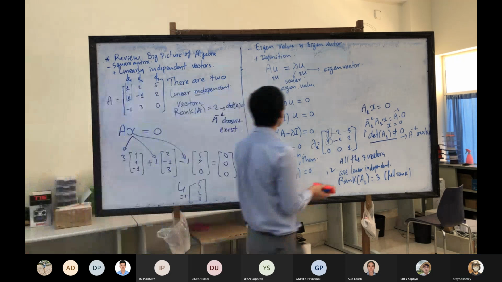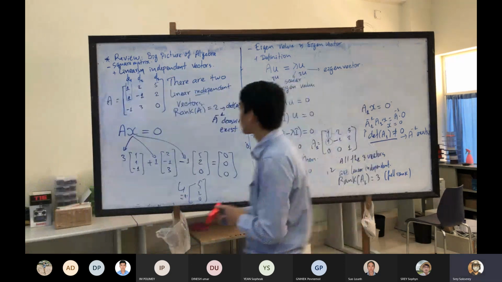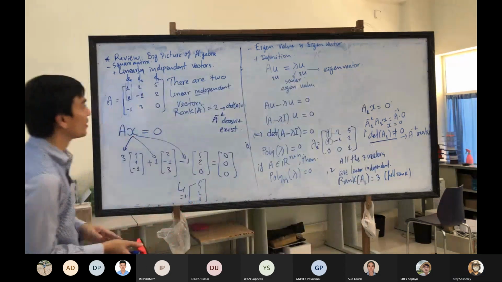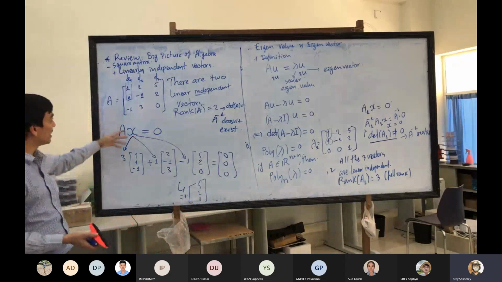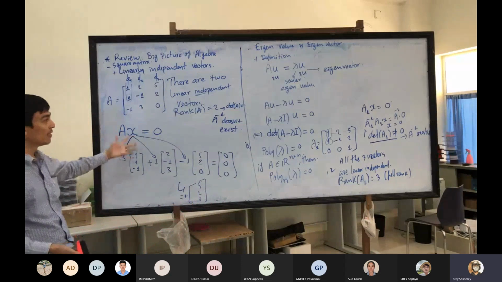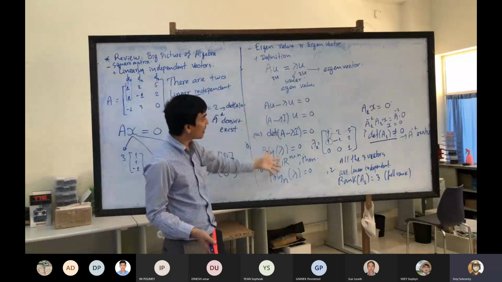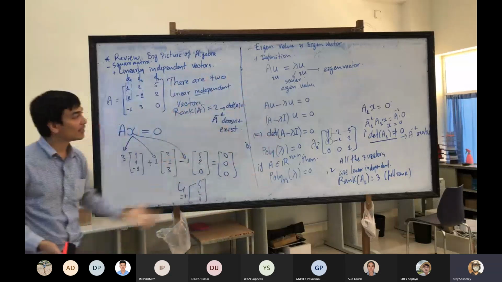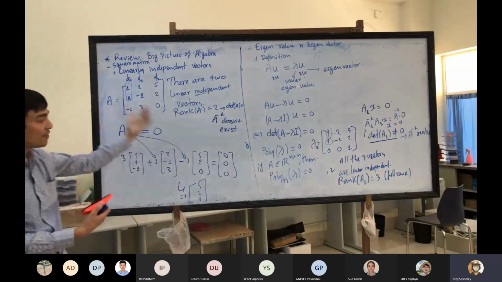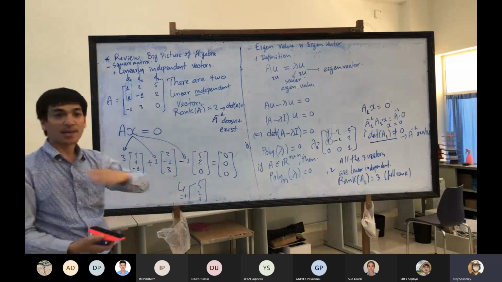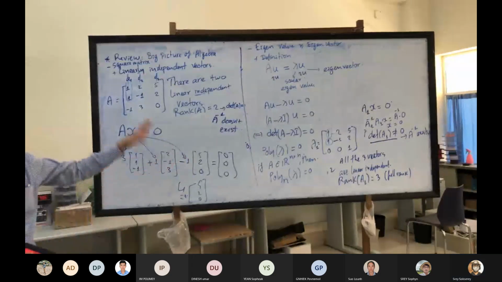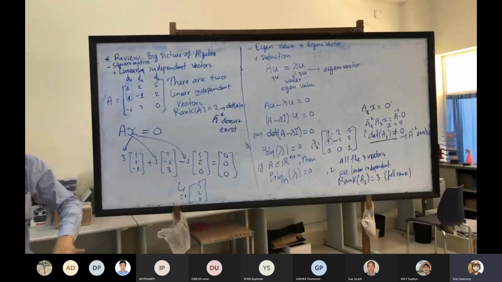Okay. So this is the connection between linearly independent, linearly dependent, and the way you can find eigenvalue and eigenvector. I only show the definition and the process, but I will not give an example on the process to find these values.